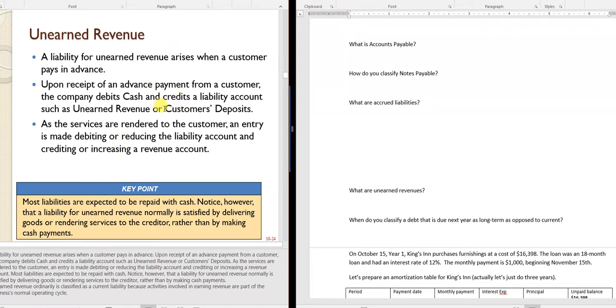Sometimes, especially if you have a customer that may not have paid his bill ahead of time, you would charge them a deposit, and then you would debit cash and credit customer deposits, and then as you deliver the merchandise, you would take it out of customer deposits and put it in revenue. In some cases, your tuition is actually a customer deposit because the university receives your tuition at the beginning of the semester, and so they will debit cash and credit unearned tuition revenue, or customer student deposits, and then they'll earn it throughout the semester.